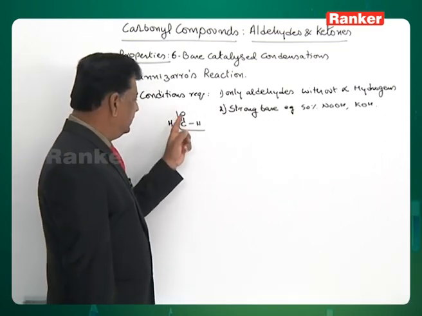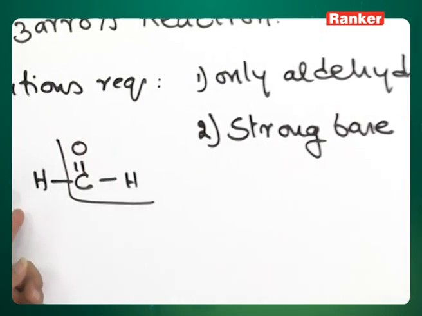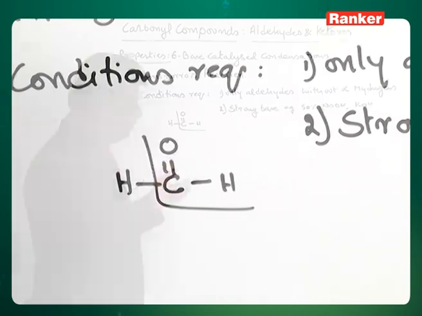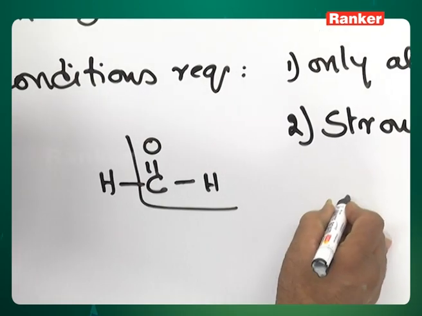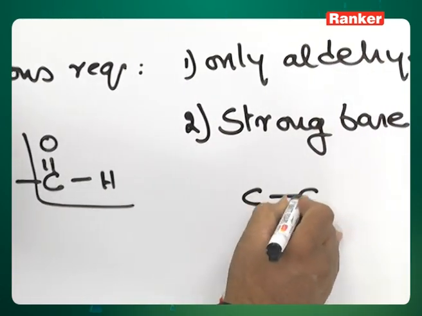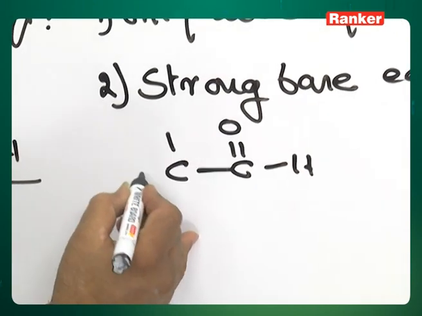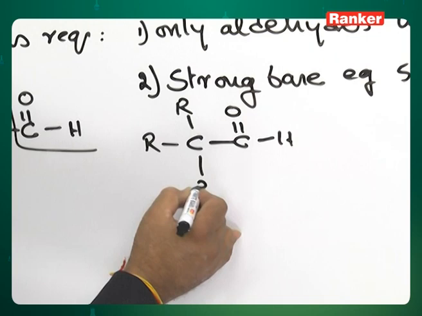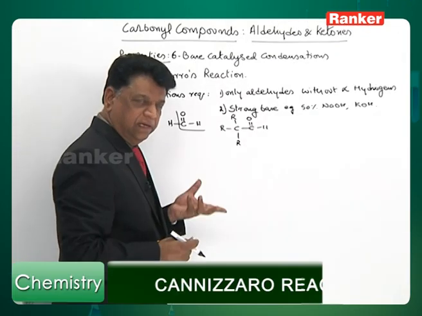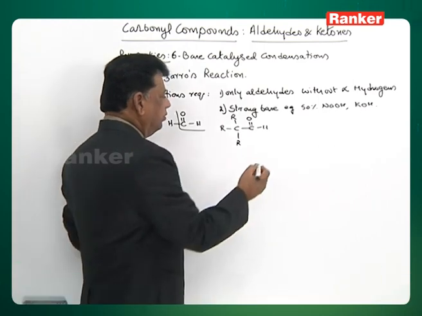Some examples of carbonyl compounds which undergo Cannizzaro: the first member of the aldehydes, that is HCHO. This is your aldehyde function. There is no alkyl group, so there is no alpha carbon. The question of alpha hydrogen does not arise. You can have an aldehyde where the alpha carbon is there, but this alpha carbon has groups like all methyl groups, or all ethyl, or methyl, ethyl, propyl, or three different alkyls also, no problem.